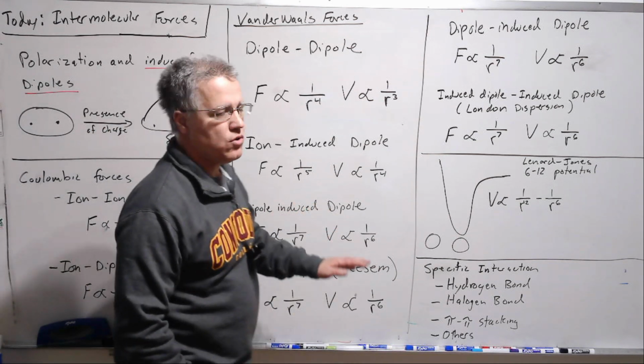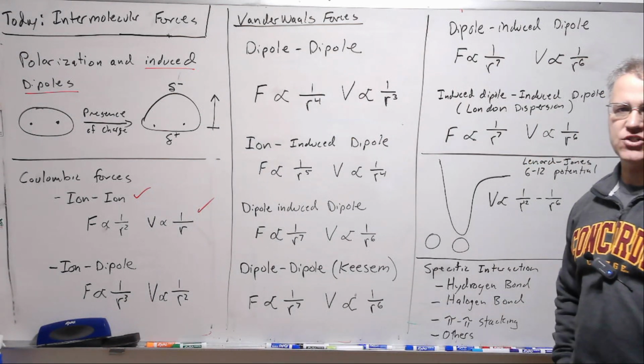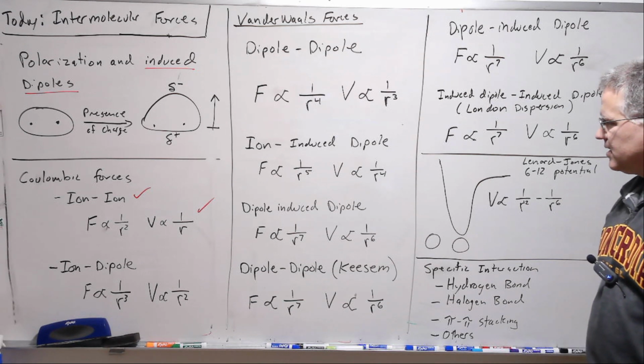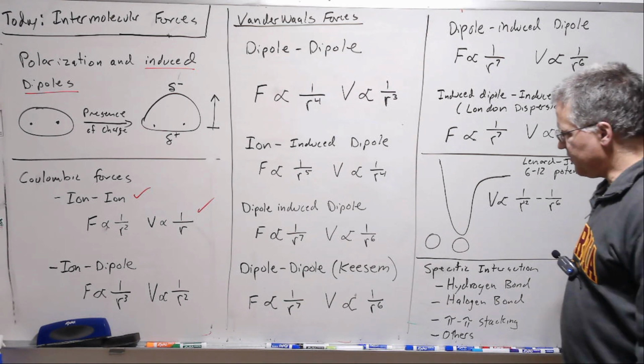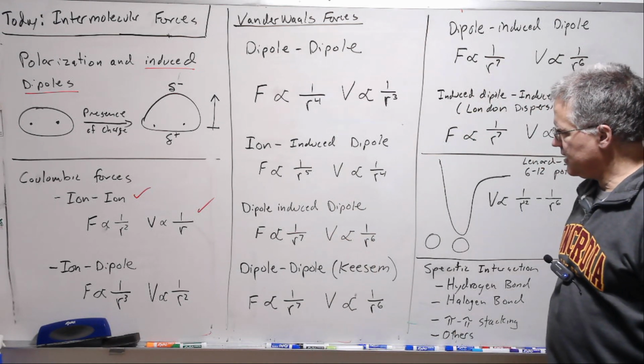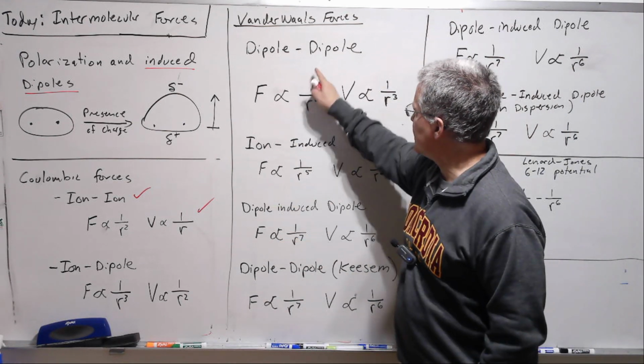Then we get into a whole set of 1 over r to the 6th potential energies, or 1 over r to the 7th forces. The first of which is a dipole-induced dipole, and the second of which is a dipole-dipole, but different than this.